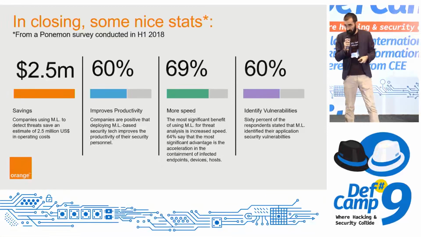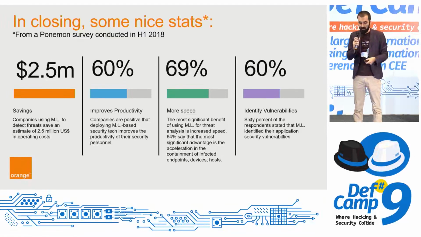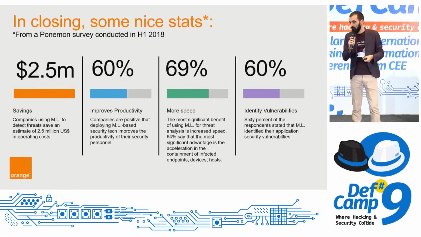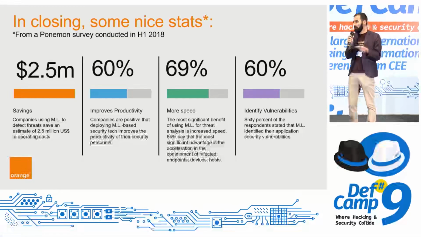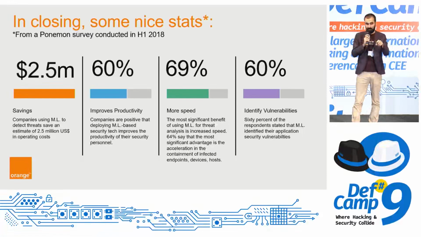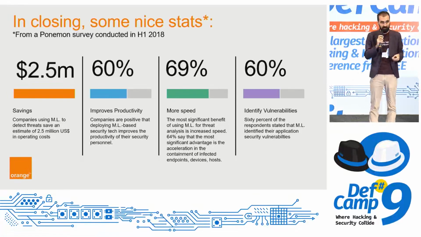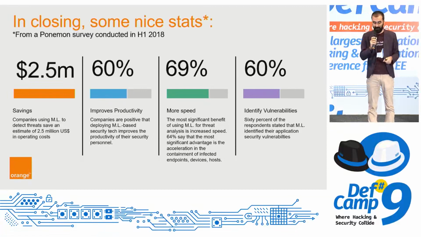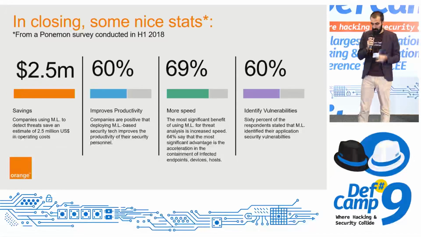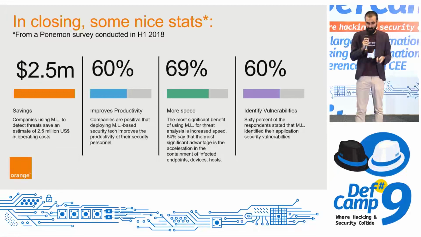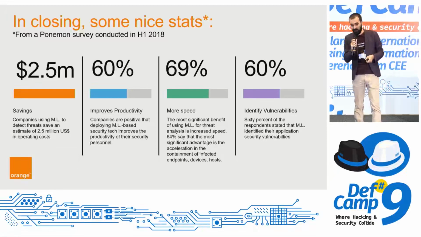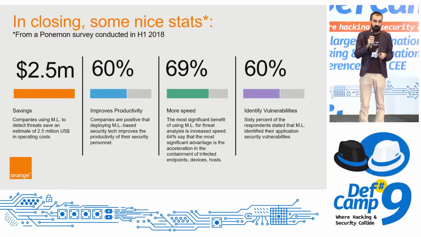And of course, in nearly 70% of cases, you get more speed. You get a quicker response time. Those 170 days that an average company needs to detect an APT actually get reduced. And 60% of the respondents stated that machine learning identified their application security vulnerabilities.